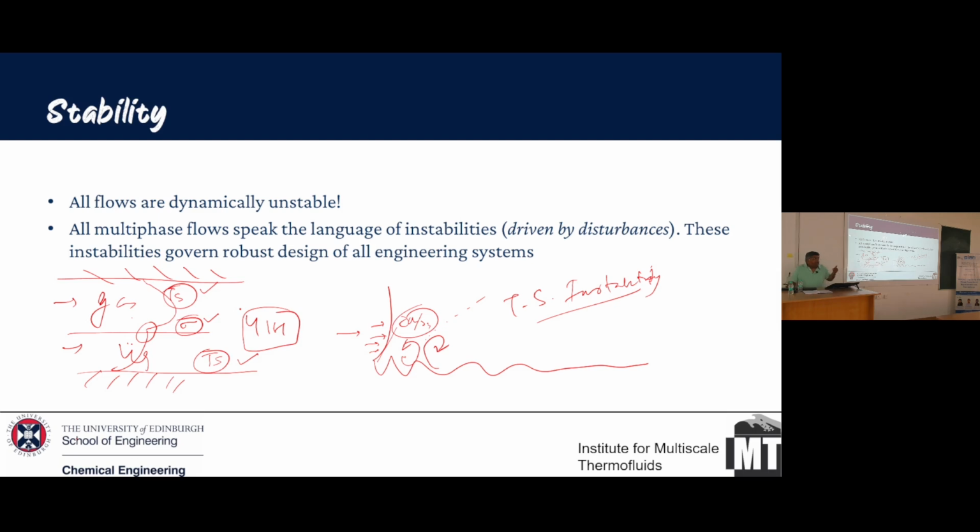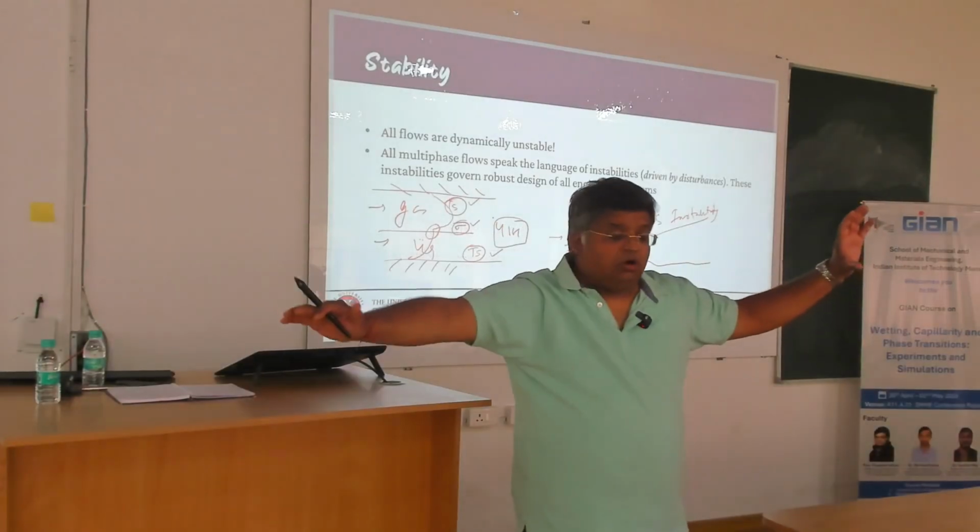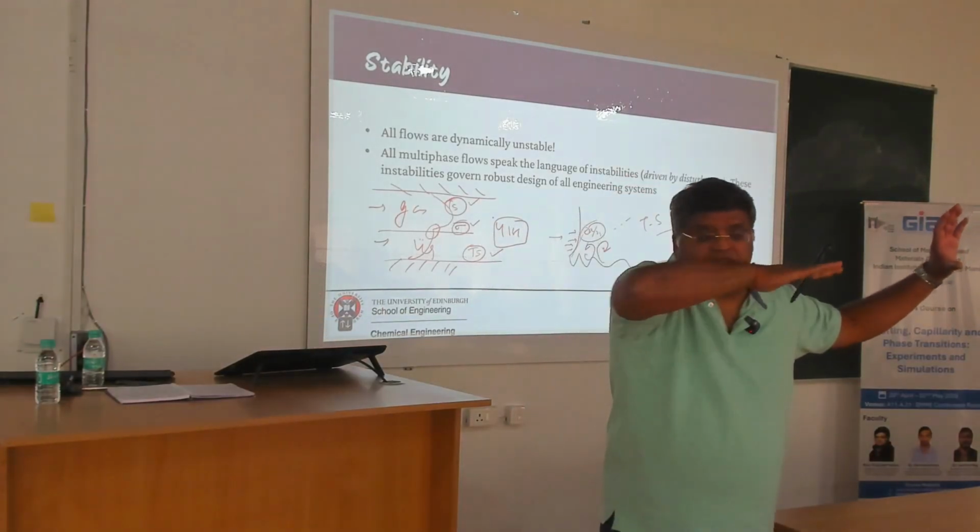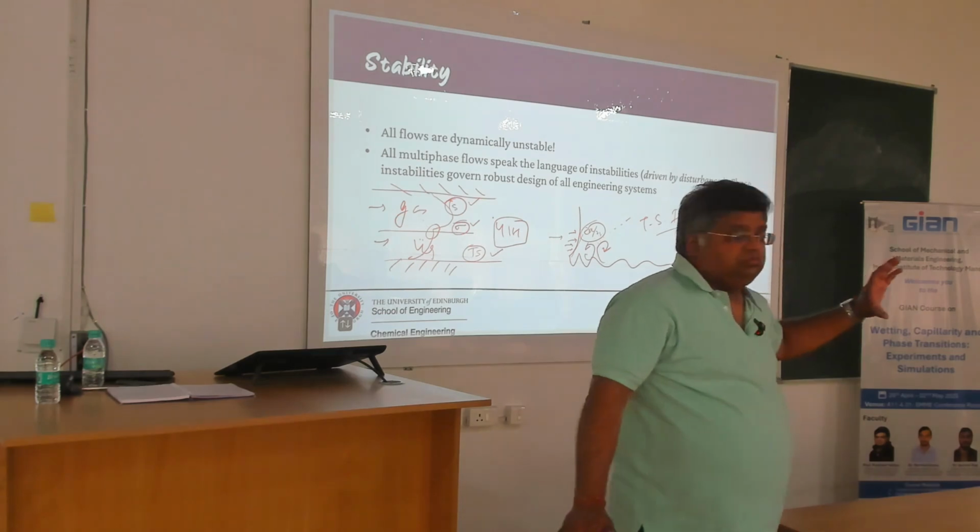So ultimately, what's the point in knowing this instability? If you want to design, say, an oil and gas pipeline, and you want to make sure that the flow is as stratified as possible, it has an advantage because that means low pressure drop. So people pump in all kinds of surfactants or suppressants to make sure that the interface is as flat as possible.